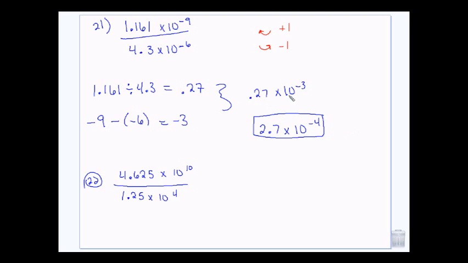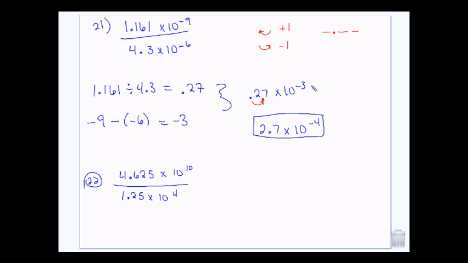That's the answer when I divide it. But I can't have 0.27. That's not structurally correct for scientific notation. Scientific notation has to be number, decimal, and then spaces. That's just the rule. So I have to have the decimal place here. So I have to move it 1 over.